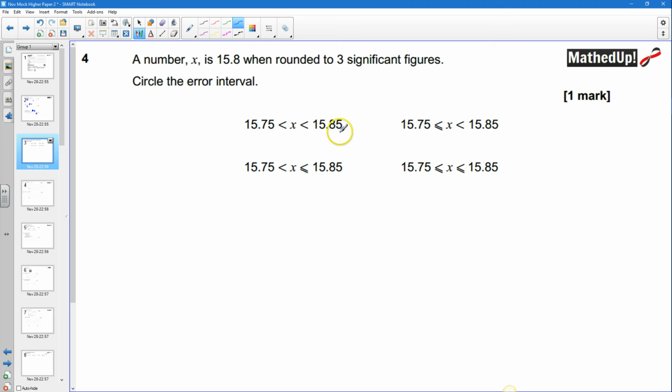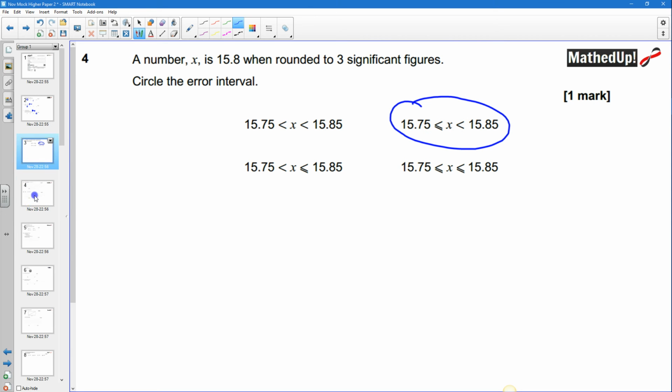So it can't actually be 15.85, but it can be 15.75. So it's got to be this one here, because in this inequality 15.75 is something it can be, whereas this part is what we call a strict inequality because it can't be 15.85. So this is showing what we want.